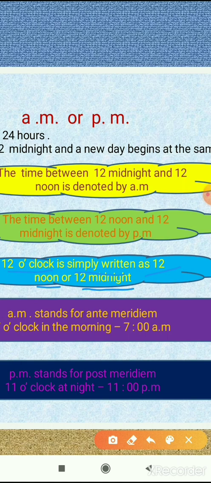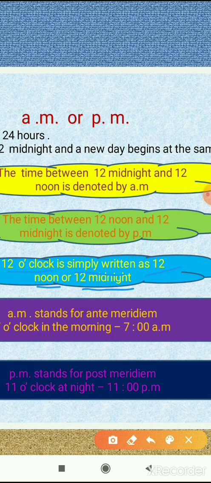But exact 12 midnight and exact 12 noon, we never denote as AM or PM. Simply write it as 12 noon or 12 midnight.